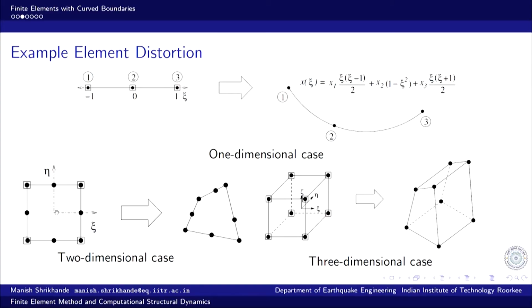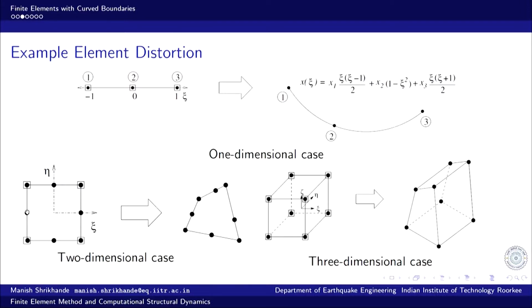So, the degree of primary variable here is 2, but the degree of geometry approximation is only bilinear, because that is based on only these 4 nodes. So, this is what we call subparametric.